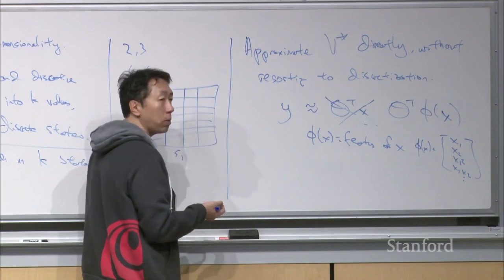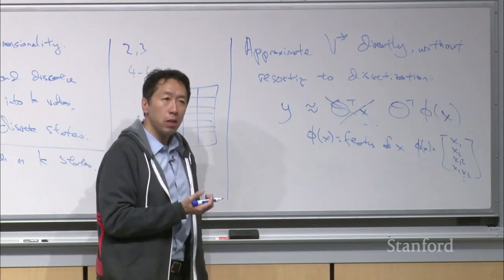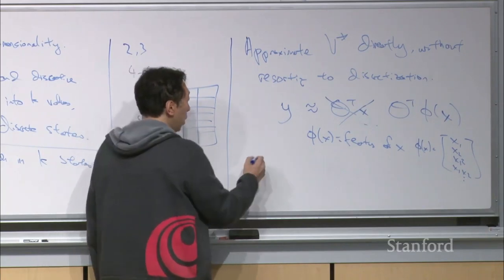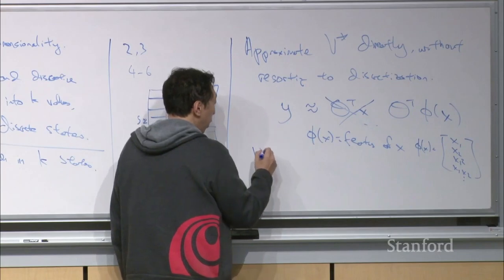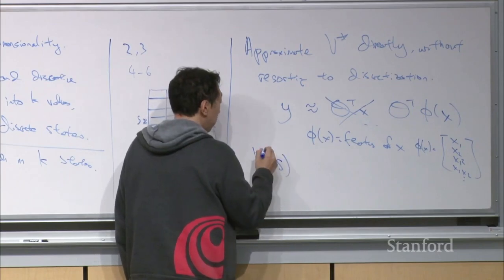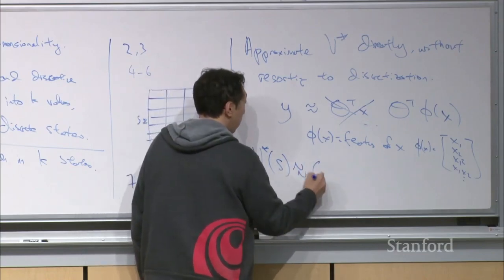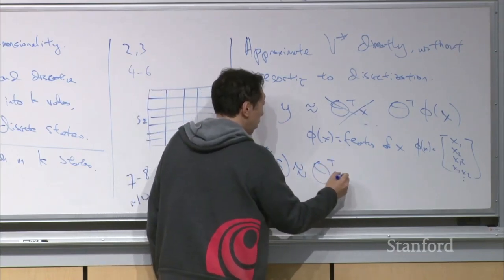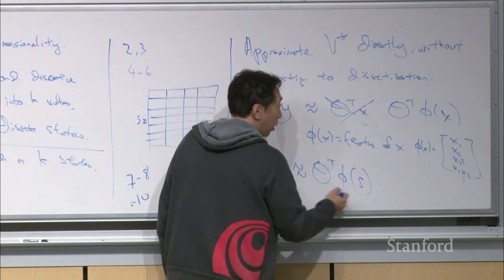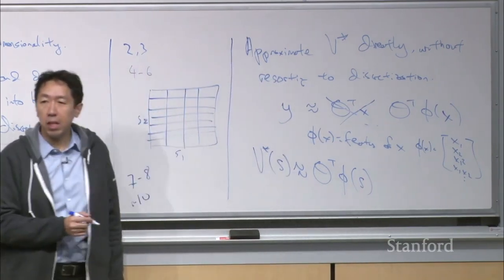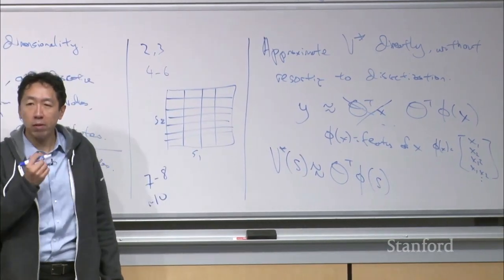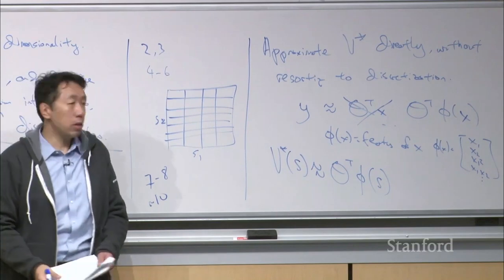And what you'll see in fitted value iteration is a model where we will approximate V star of s as a linear function of features of the state. So that's the algorithm we'll build up to.